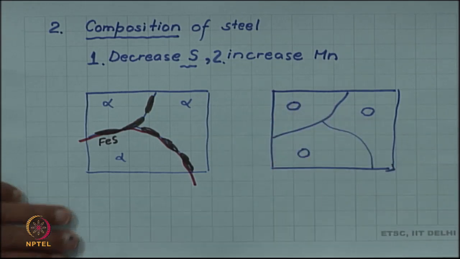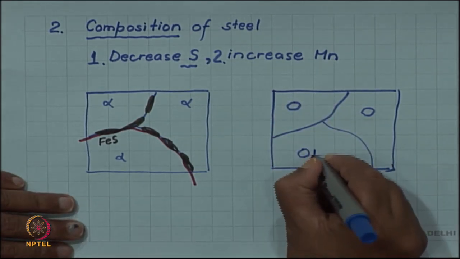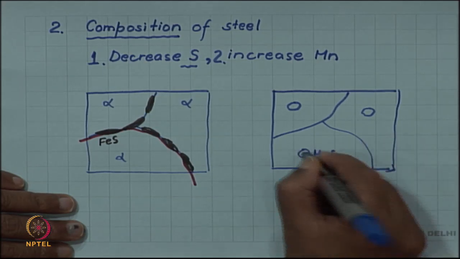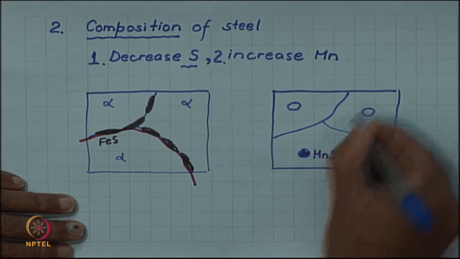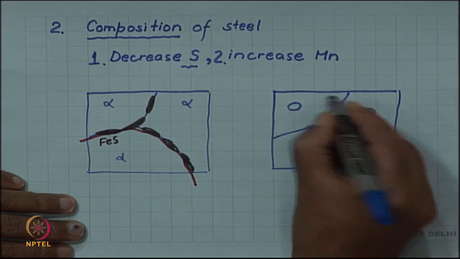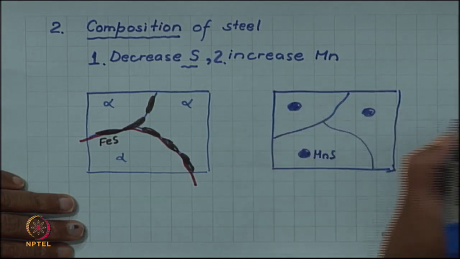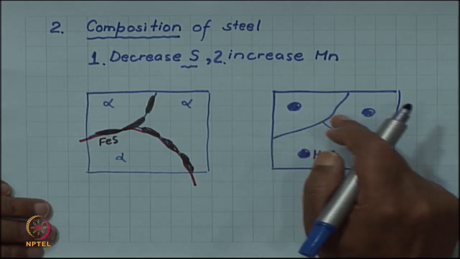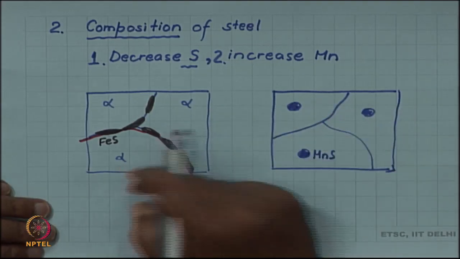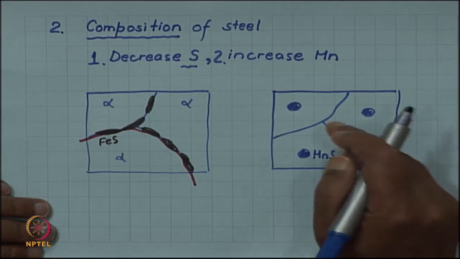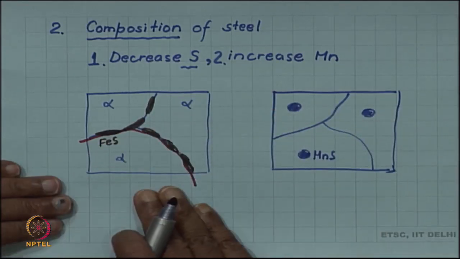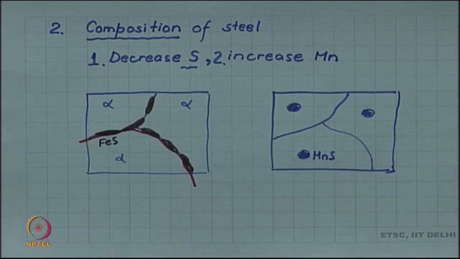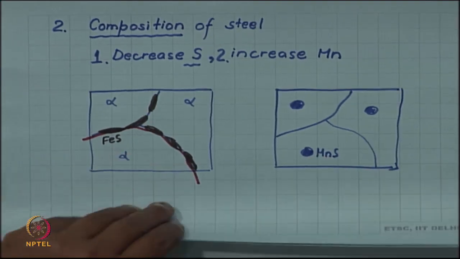So, instead of sulfur going to the grain boundary, it makes manganese sulfide inside the grains. This again avoids the easy path made by FeS in this case. So, both the decrease in sulfur content and the presence of manganese help to improve the fracture resistance of steel.